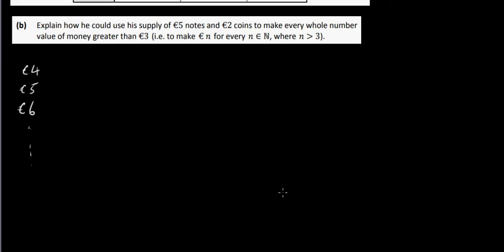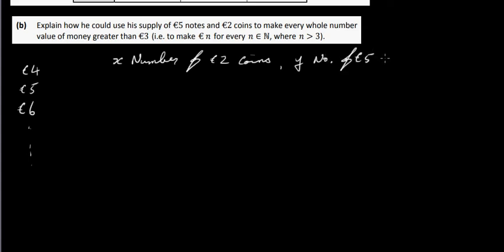Well, he needs a certain number of €2 coins and a certain number of €5 notes. So let's say he needs x number of €2 coins and let's say y number of €5 notes.